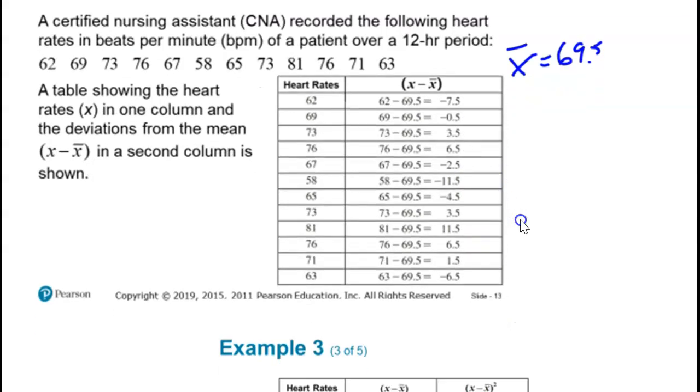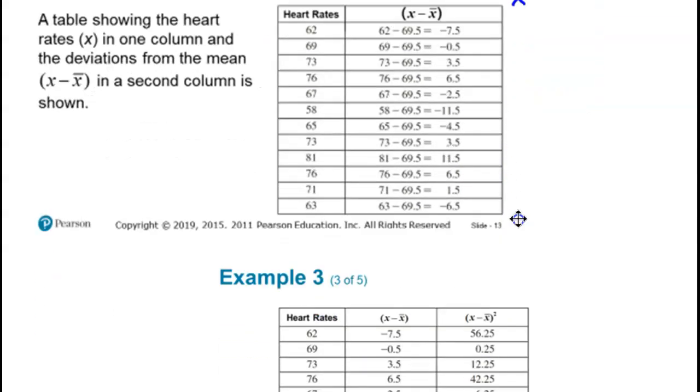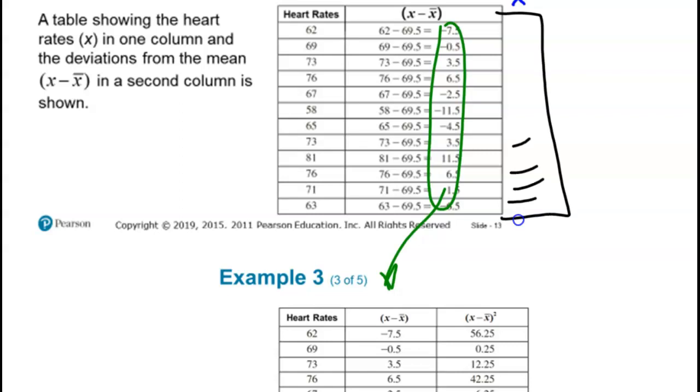Now take your series of positive and negative numbers, and you're going to move those down here, or you can just make another column over here. It's easier to actually just make another column.